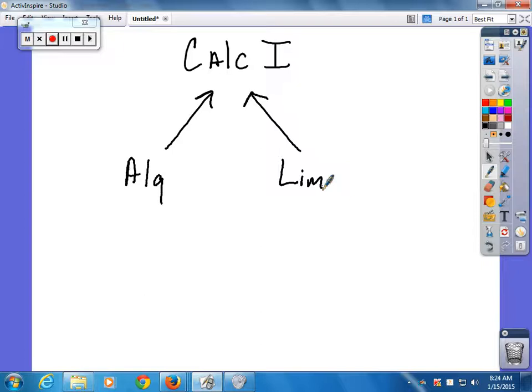When you started learning Calc 1, you started learning about limits. That's the first thing you started to learn about. You already had the algebra in your background. And you put the two together, what did you do with the algebra? Well, you had the difference quotient with algebra. I can't spell quotient, but anyway, y'all get the point.